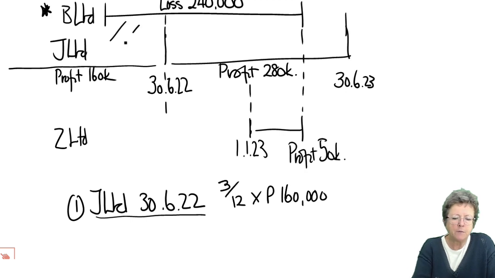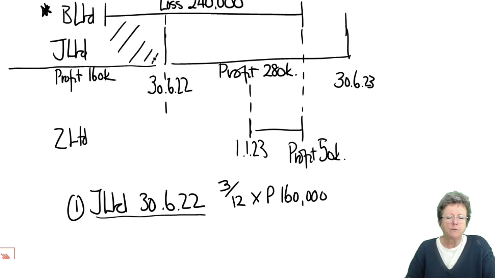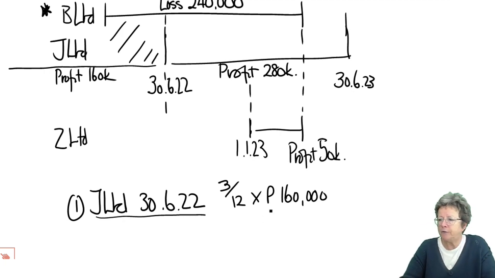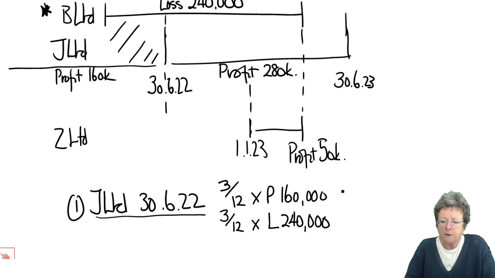This bit here, from the 1st of April, April, May, June, 3 months of that profit, which is also 3 months of the loss of £240,000. So that works out at 40,000, and that works out at 60,000.